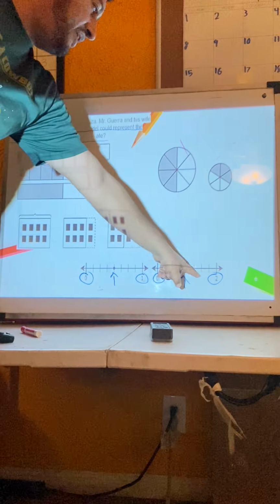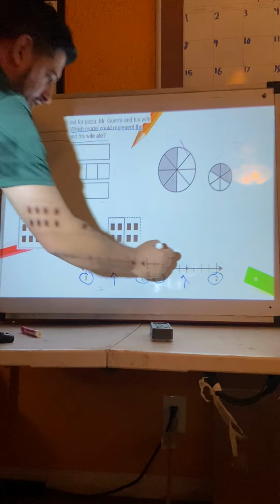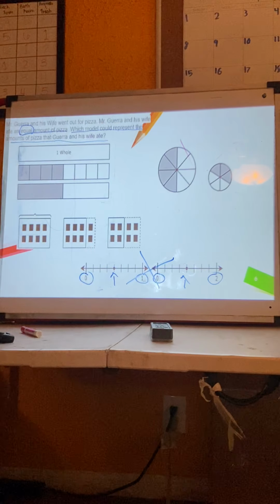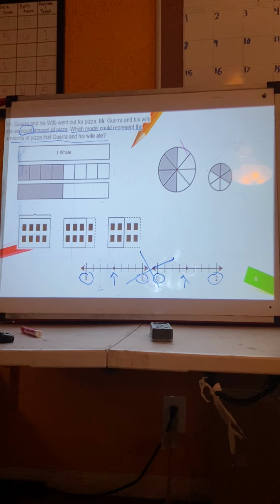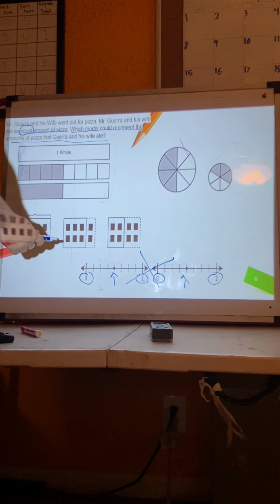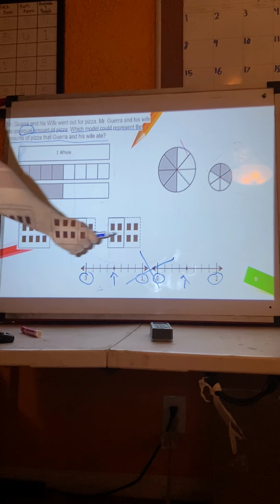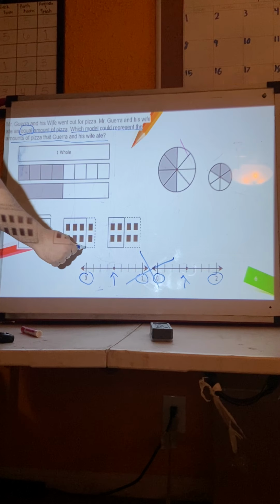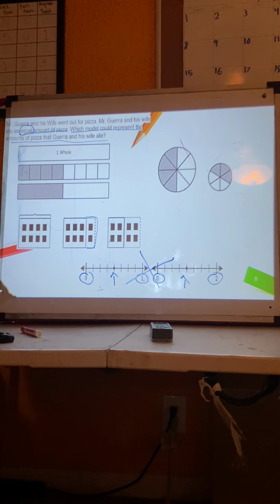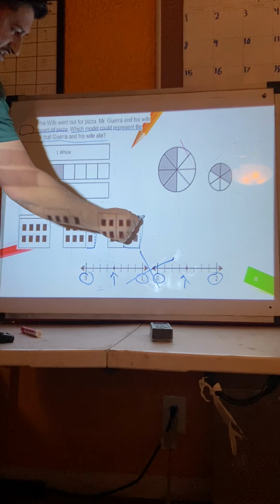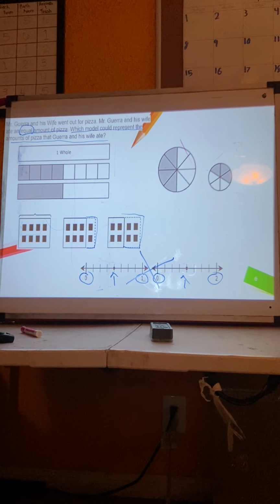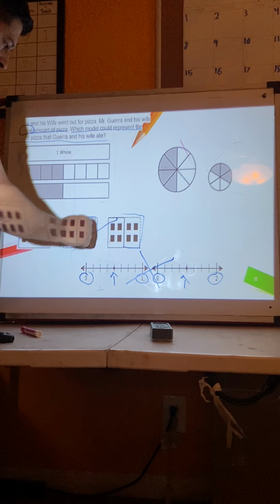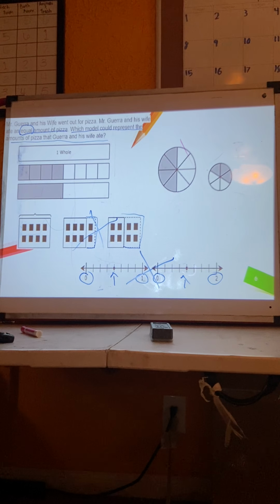This one's to 1 and this one's to 2. So no, they are not the same. That one gets eliminated. Now, this one, yes, they both do have 8 equal amounts. However, this box is telling me 2 and this box is telling me 4. So is that the same? No, it's not. They're not equal. So those 2 get eliminated.